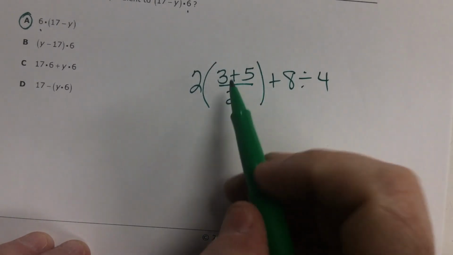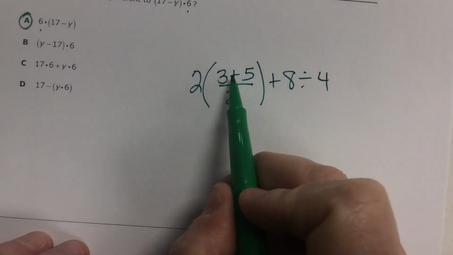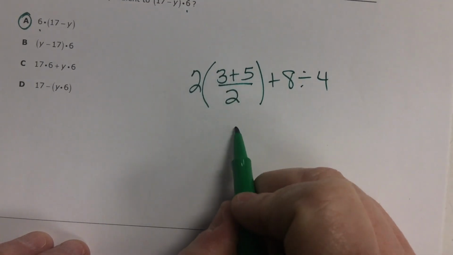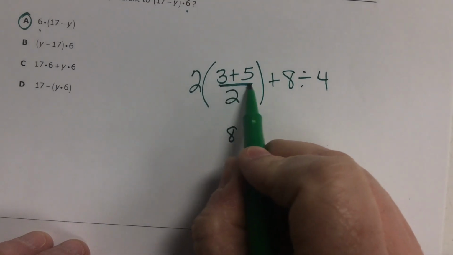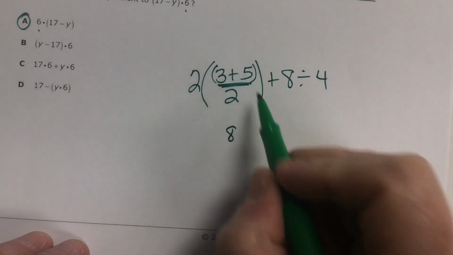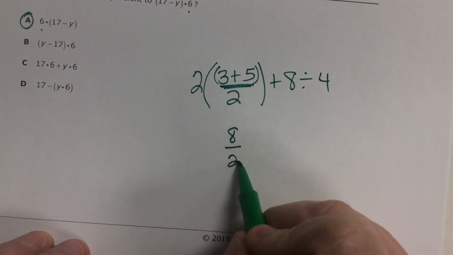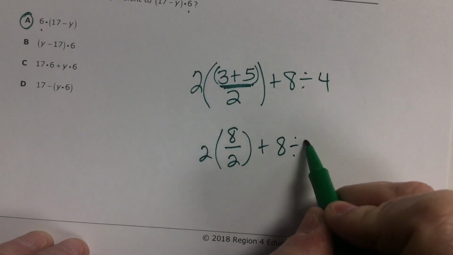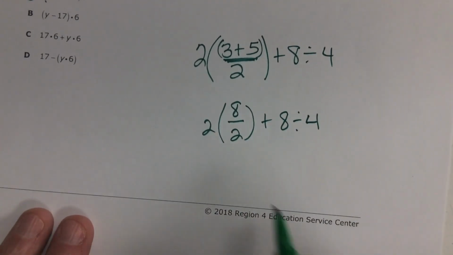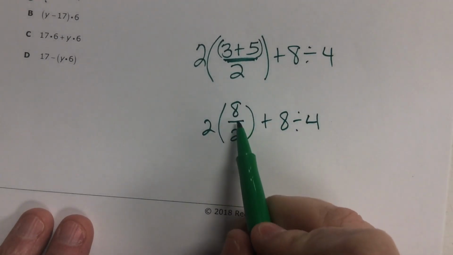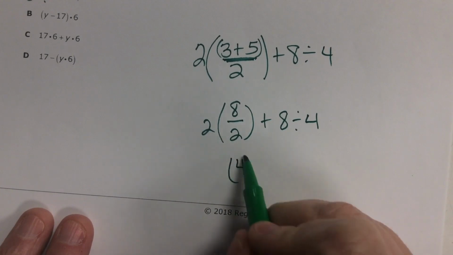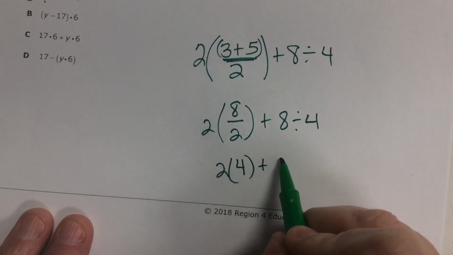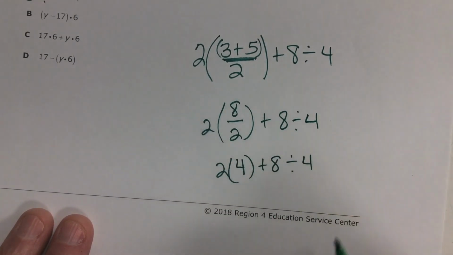When you see it like this, it means you do everything on top. 3 plus 5 is 8, okay? And I have to simplify all of that on top and then divide it by 2. There we go, and I rewrite it all again. Now, I still do this in parentheses. 8 divided by 2 is 4. 2 times 4 plus 8 divided by 4.